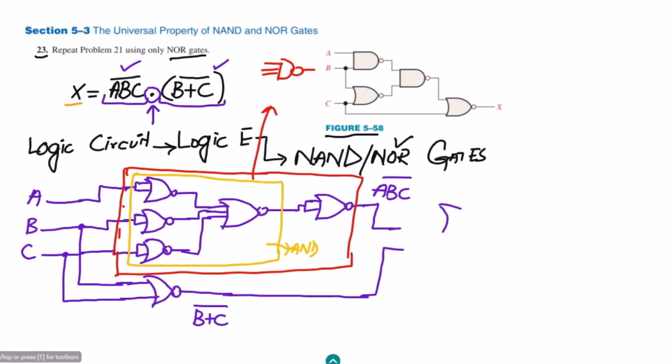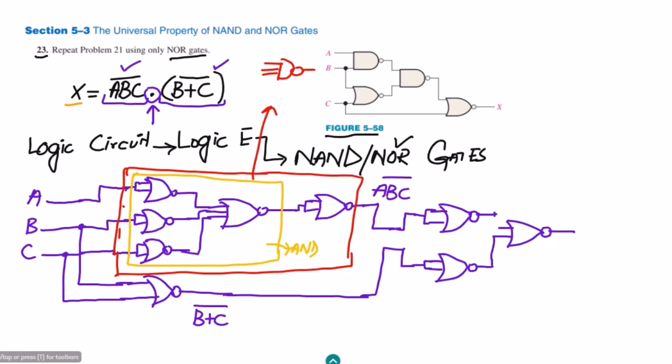The 2 NOR gates here would be these 2 inputs, combined together, while this one is another NOR gate with these 2 inputs, and these are combined as well. This is given to it, while this is here.